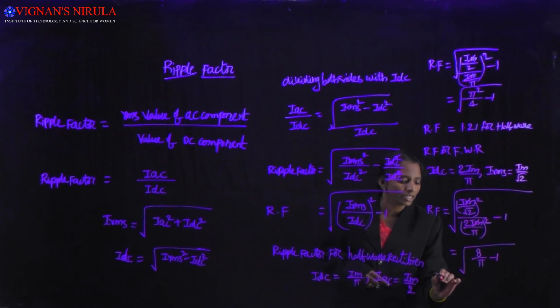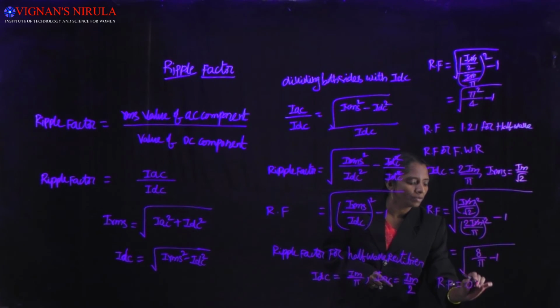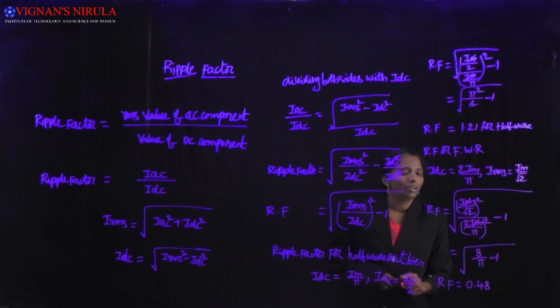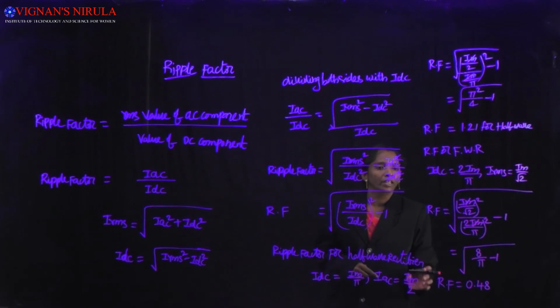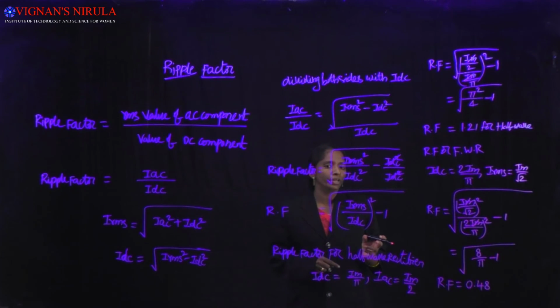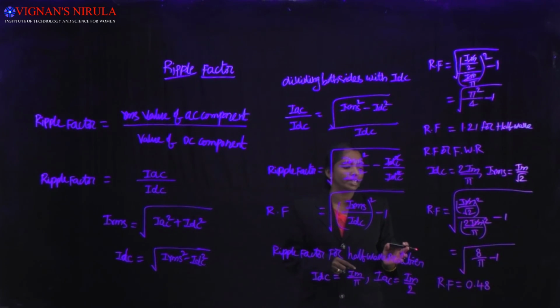After simplification we get ripple factor equal to 0.48. In the full wave rectifier we get less ripple factor, that means the amount of AC component present at the output of the rectifier is very less.